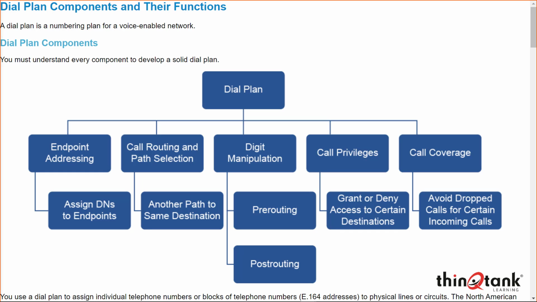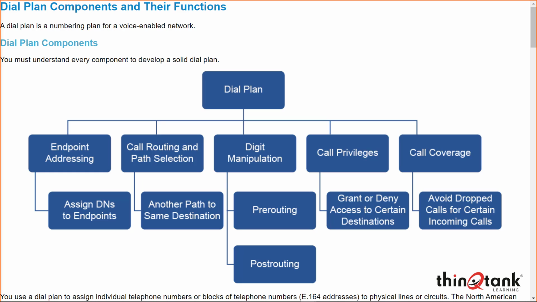So I might be dialing from my extension, and my extension is a 4-digit extension, but I don't want a 4-digit extension to show up as the ANI information when I'm sending the call to the PSTN. So I would do some sort of post-dial manipulation that says, go ahead and take that 4-digit extension and expand it to the E.164 format, so whoever's receiving the call will know that this person is calling.